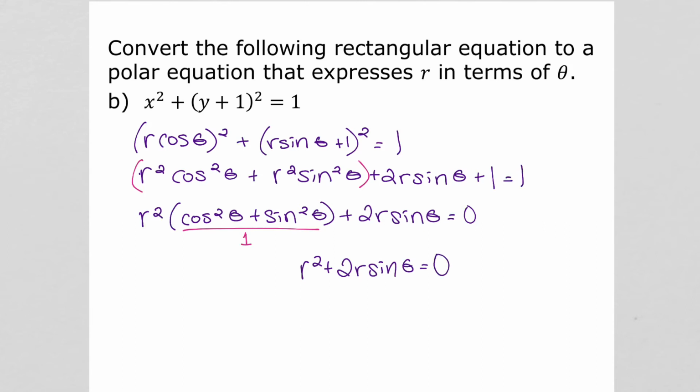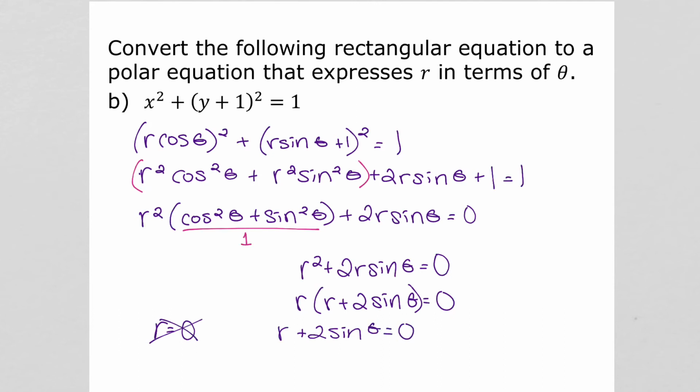Okay? We're still trying to solve this for r. So factor out an r, and we're left with r times (r plus 2 sine theta) equals 0. So we've got two situations here: where r is 0, or where r plus 2 sine theta is 0.